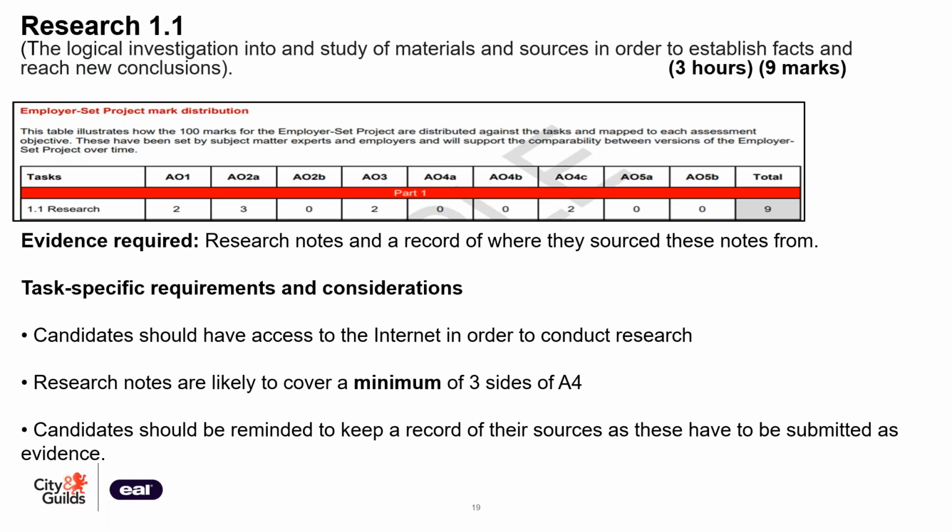So that would be your websites or any sources that they have, and that is not part of the 3 sides of A4. So please remind them to keep a record, to cut and paste their websites onto that. And that's really the evidence that they need for this particular task.